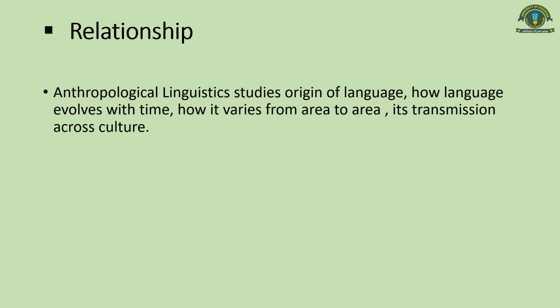They are directly concerned with how languages evolve with the passage of time, and how one language is different from another according to the area, according to the region. They also study the transmission across cultures, how various cultures are transmitted all over the world, and how they are different from one another.